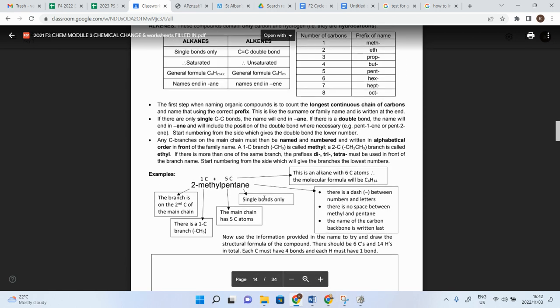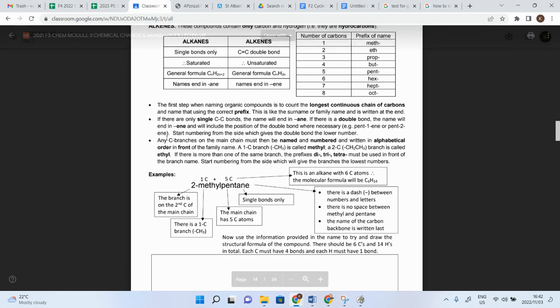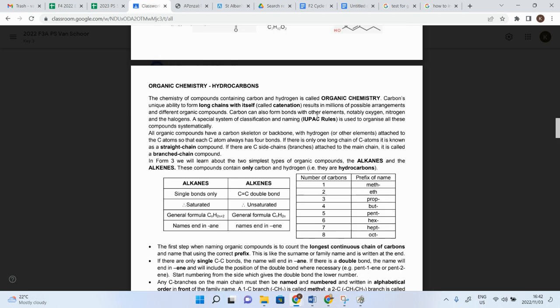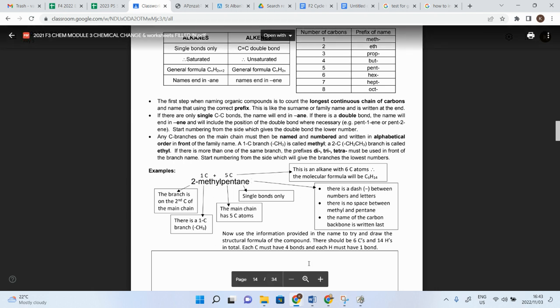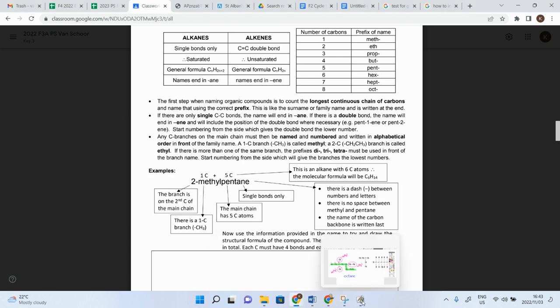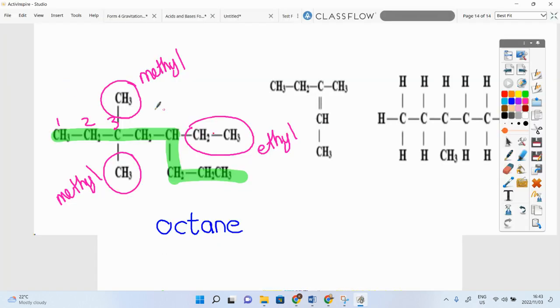Any branches on the main chain must be named with a number and written in alphabetical order in front of the name. Okay, so methyl will come after ethyl. If it's the same number from the side, then the ethyl would win. In this case, they're not the same number, so we're just going to number 1, 2, 3.